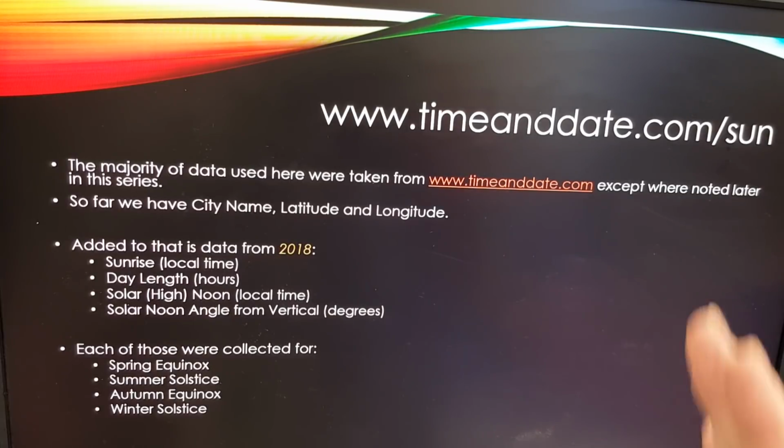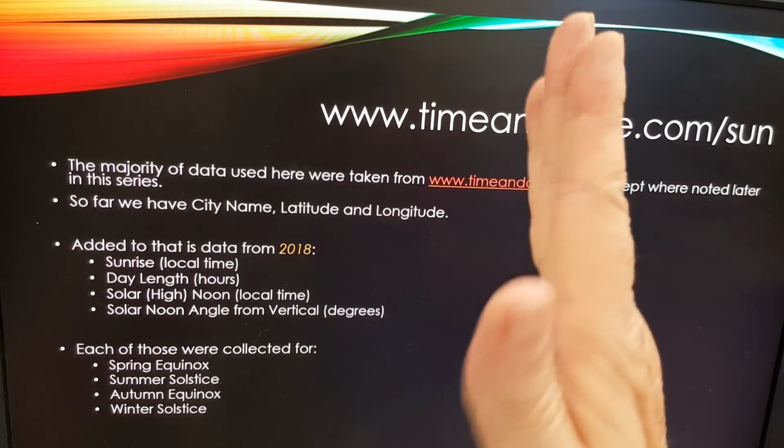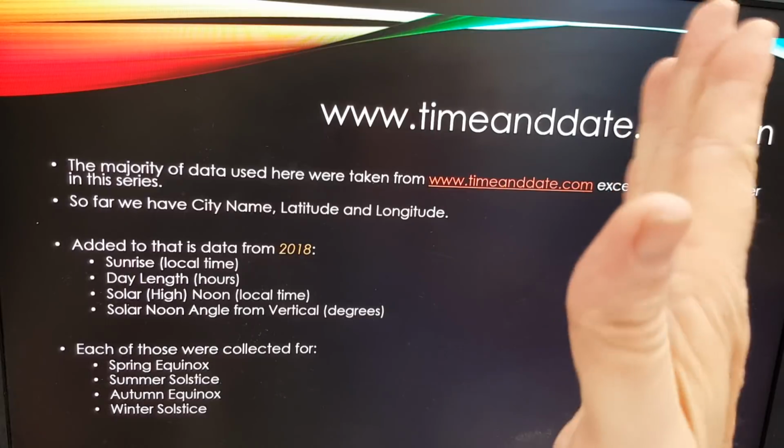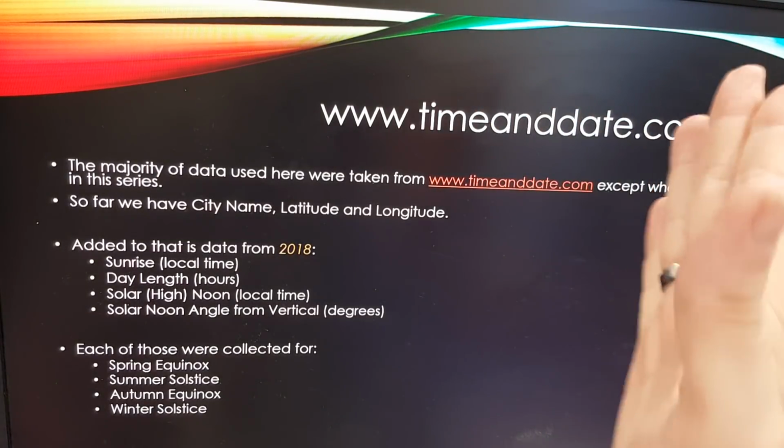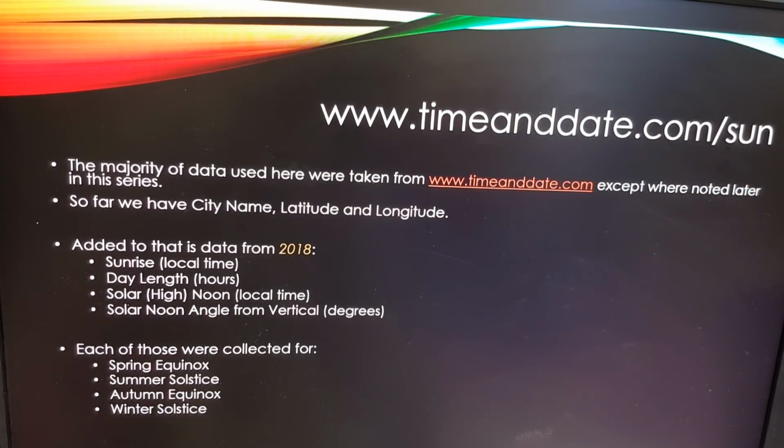So you have the vertical, and then this is the solar noon, its angle from vertical. Each of those then I calculated for spring equinox, summer solstice, autumn equinox, and winter solstice.